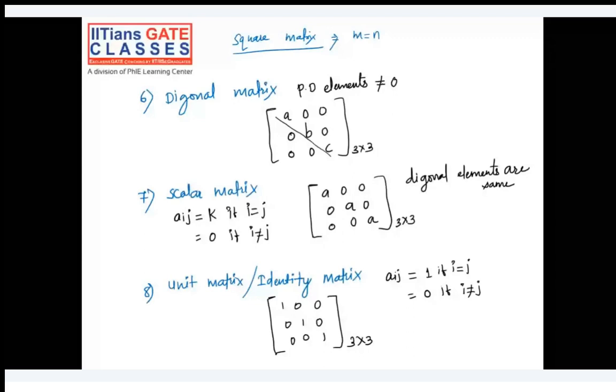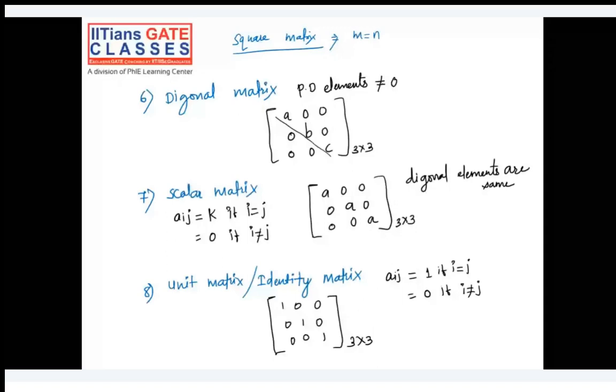What is the definition of the diagonal matrix? Principal diagonal elements are non-zero. In the first example I have written just A, B and C. A, B and C can be different numbers, but if all these principal diagonal elements are the same, like all A, or all B, or all C, any particular number, in that case we call it a scalar matrix. What is a scalar matrix? Principal diagonal elements are non-zero first of all, and they are the same.